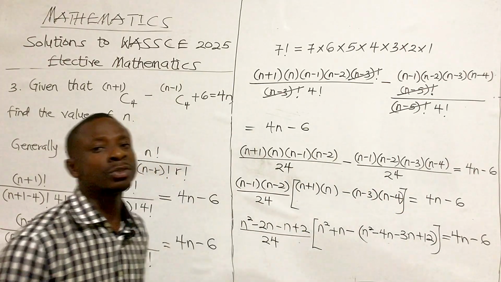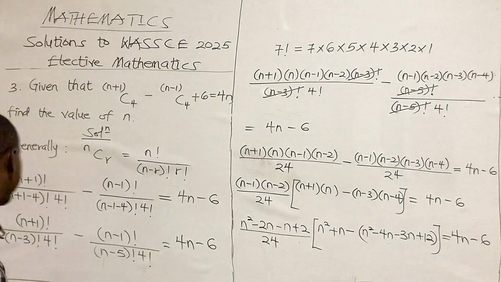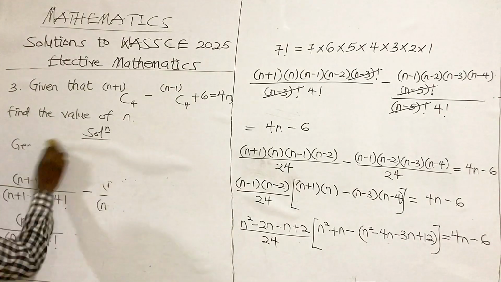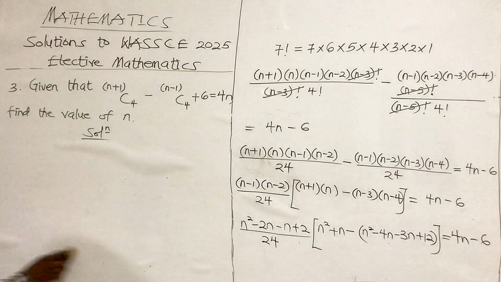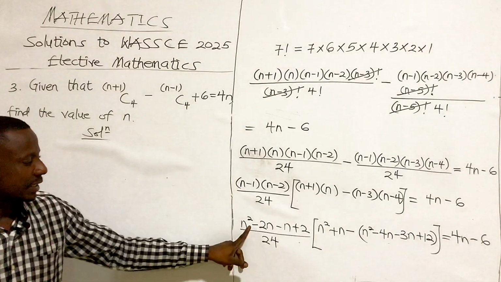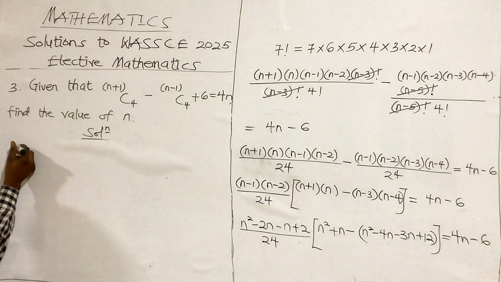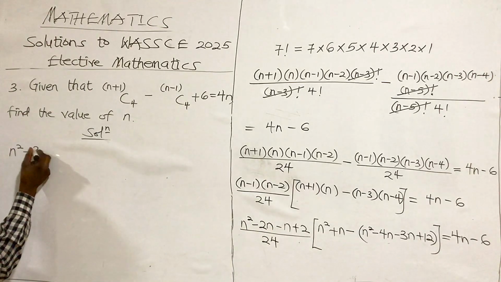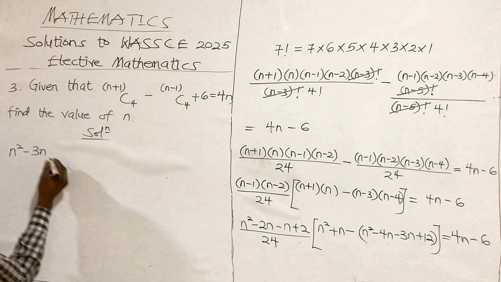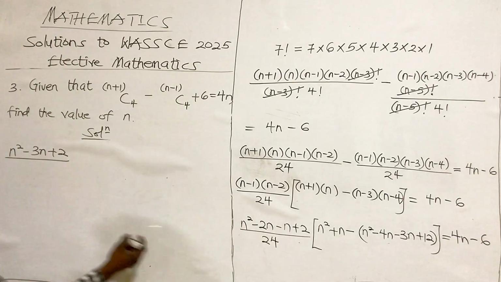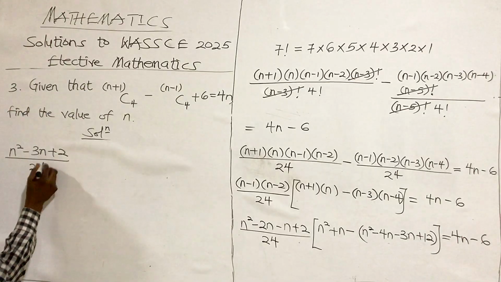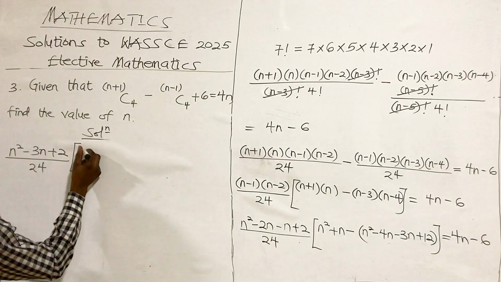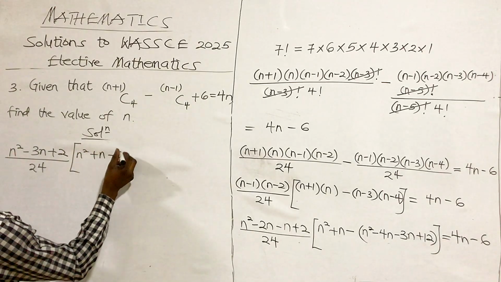So from here, we are going to simplify them once again. So from here, this n squared, I'm going to repeat it. So we have n squared. Negative 2n minus n, we have minus 3n plus 2 all over the denominator, we have 24. Multiplying, here we have n squared plus n minus, bracket open.